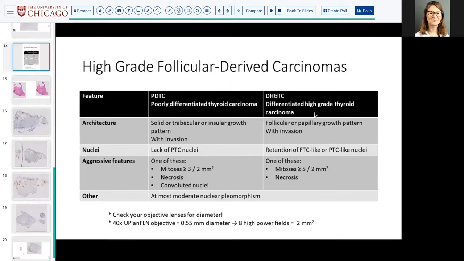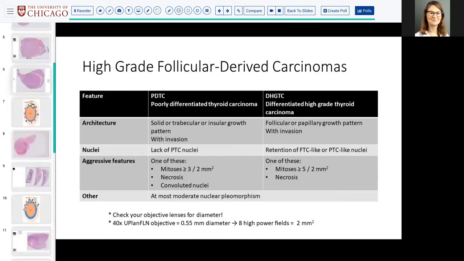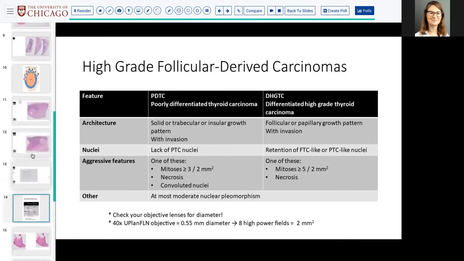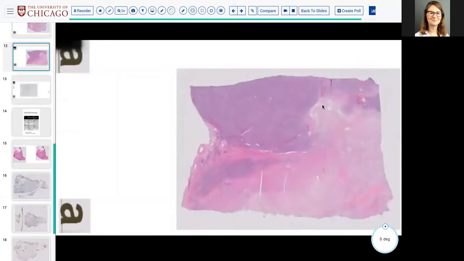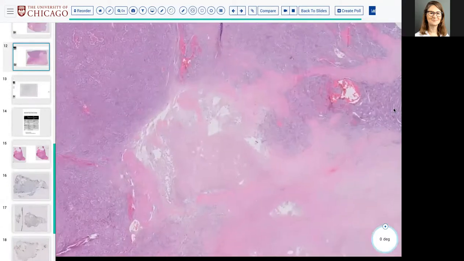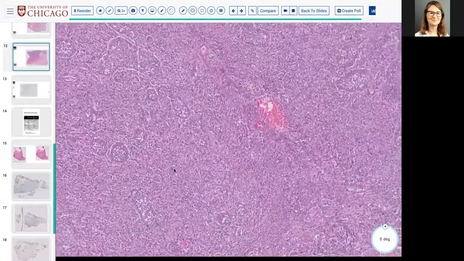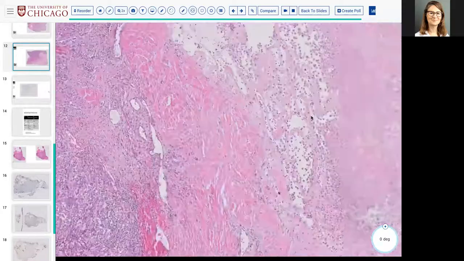So you don't have to check off the architectural features, but you have to have mitoses greater than 5 or necrosis. And so the case that we saw here arguably has papillary architecture, solid architecture, and necrosis.